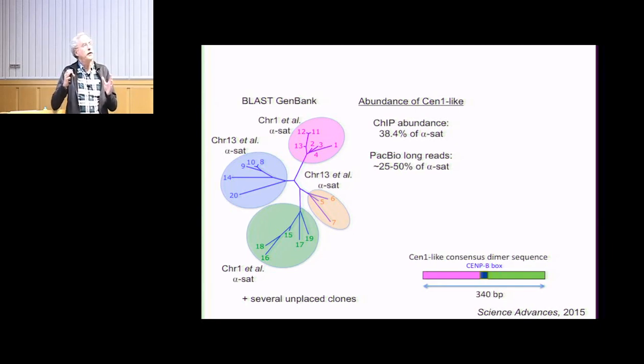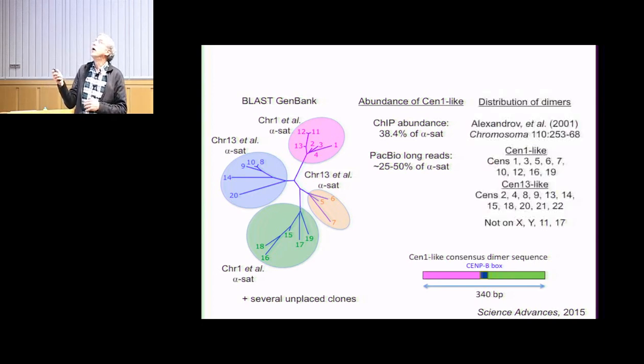So this is the most abundant sequence, and it turns out that CEN13-like is also very similarly abundant. Looking back in the literature, we found that actually this was noticed before, that there's this dimeric unit that's present on these 9 chromosomes and one present on these 11 chromosomes. So we've accounted for all but 4 chromosomes. So we basically have the sequence that dominates the human centromere.